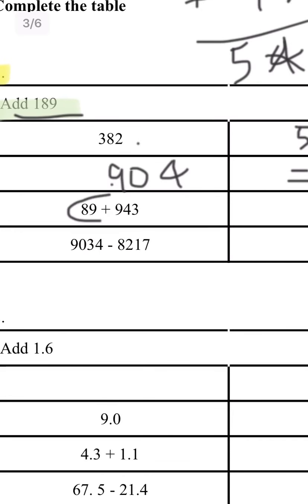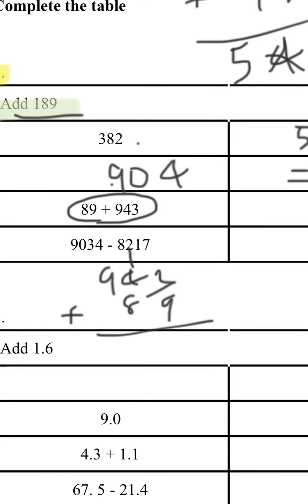Well, let's first find the sum of these two. So 943 plus 89. So the sum of these two numbers are 1032, right?